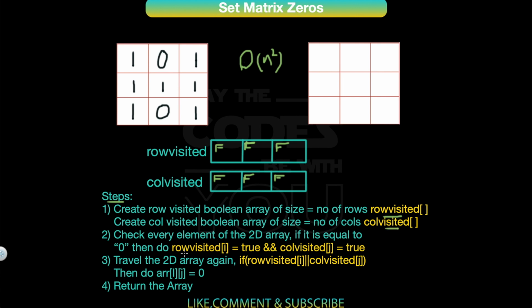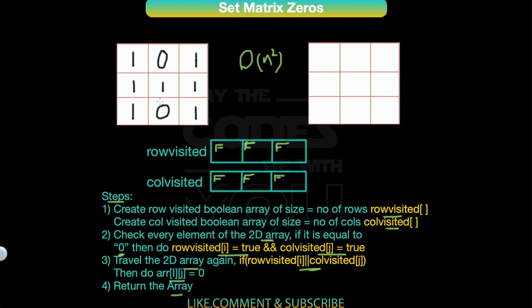Then we'll check every element of the 2D array. If it is equal to 0, then we'll set row visited[i] equal to true and column visited[j] equal to true. Then we'll traverse the 2D array again, and if row visited[i] or column visited[j] is true, then we'll set array[i][j] equal to 0. Then we'll simply return the array.